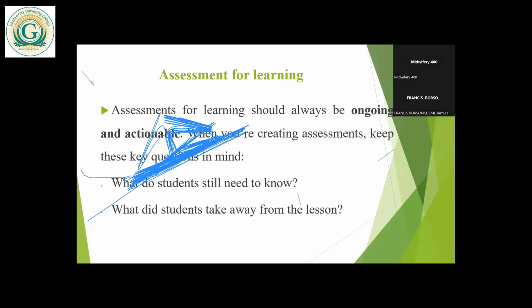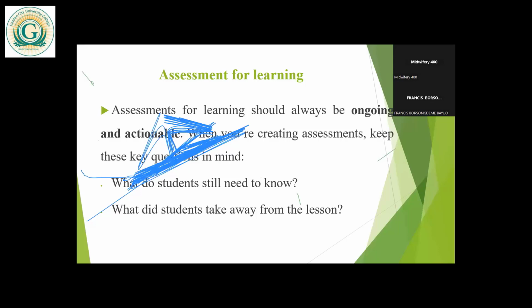So as I'm teaching you right now, I ask you basic questions. So questioning as a technique is an assessment for learning because it is an ongoing process and it is actionable. If I teach you for 20 minutes, I ask you 2 or 3 questions. Based on your responses, I will know exactly how to continue teaching.